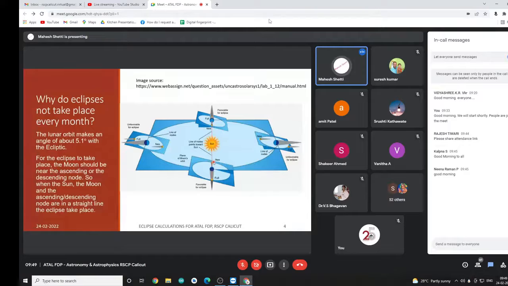We will refer to them in our lecture as per modern astronomy, as ascending nodes and descending nodes. So it is necessary that the full moon or new moon should take place near the ascending or descending node. Only then will an eclipse take place. Otherwise, an eclipse will not take place.